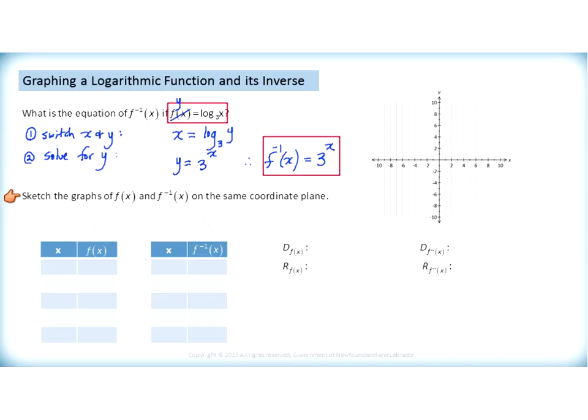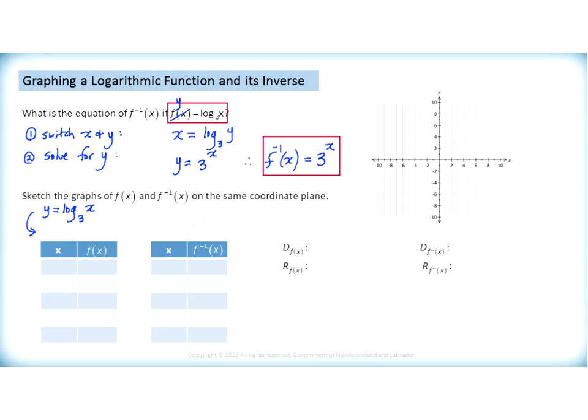So now we are asked to sketch the graphs of the original function f of x and f inverse of x on the same coordinate plane. In order to do the first graph, we have y is equal to the log of x to base 3. In order to graph that function, we need to convert it to exponential form.